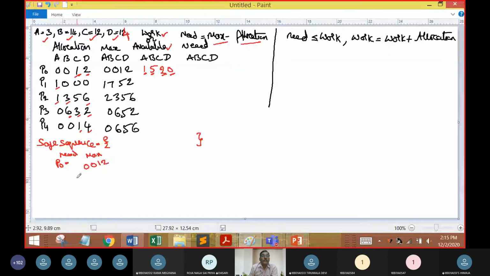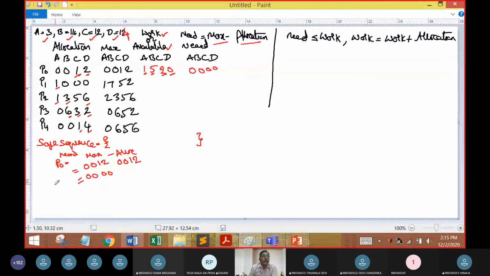And what is the allocation value? 0012. So obviously 0 minus 0 is 0, 0, 1 minus 1 is 0, 2 minus 2 is 0. So the need vector is 0, 0, 0, 0.